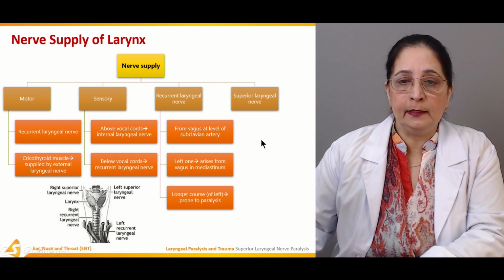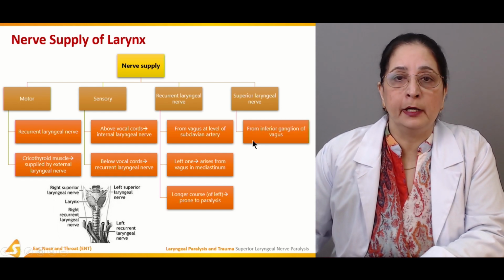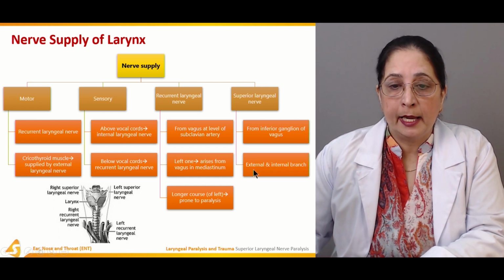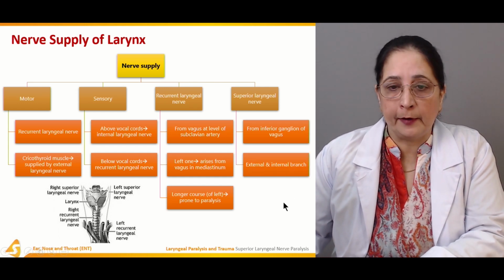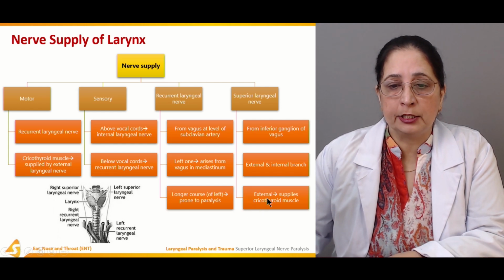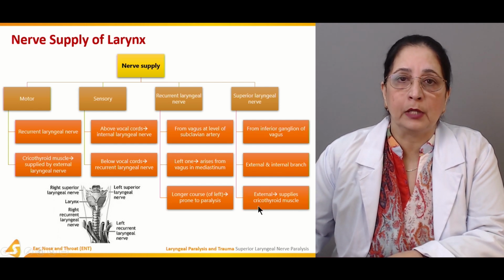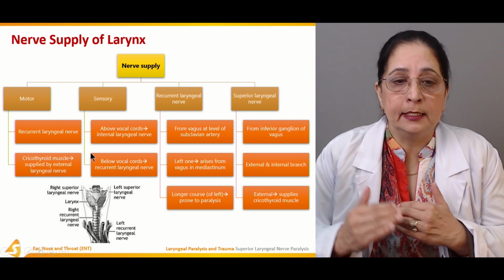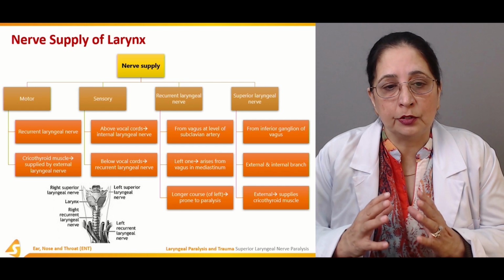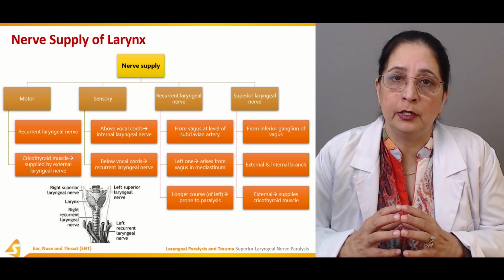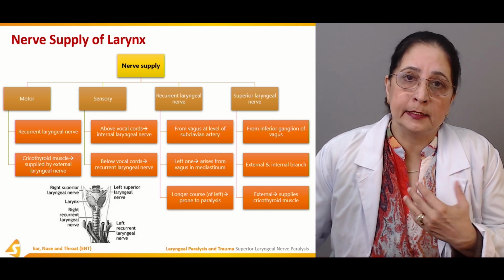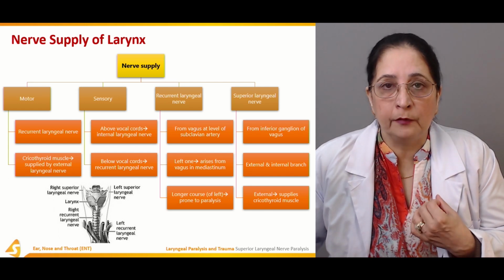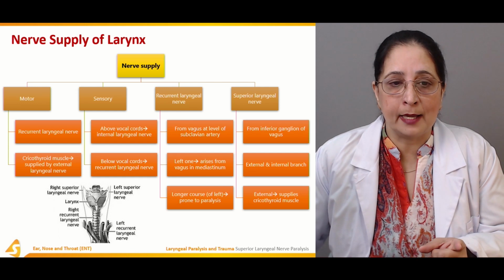Then the superior laryngeal nerve arises from the inferior ganglion of the vagus and has external and internal branches. The external supplies the cricothyroid muscle. Here we already went over the external and internal branches, and the external supplies the cricothyroid muscle, mainly responsible for the motor function of the larynx.